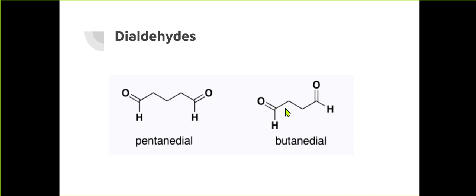So they're on the ends. So you can do that. Be very aware of this. Don't let diol trip you up. Diol has got 2 OH groups on it, not 2 aldehyde groups on it. Any questions there?